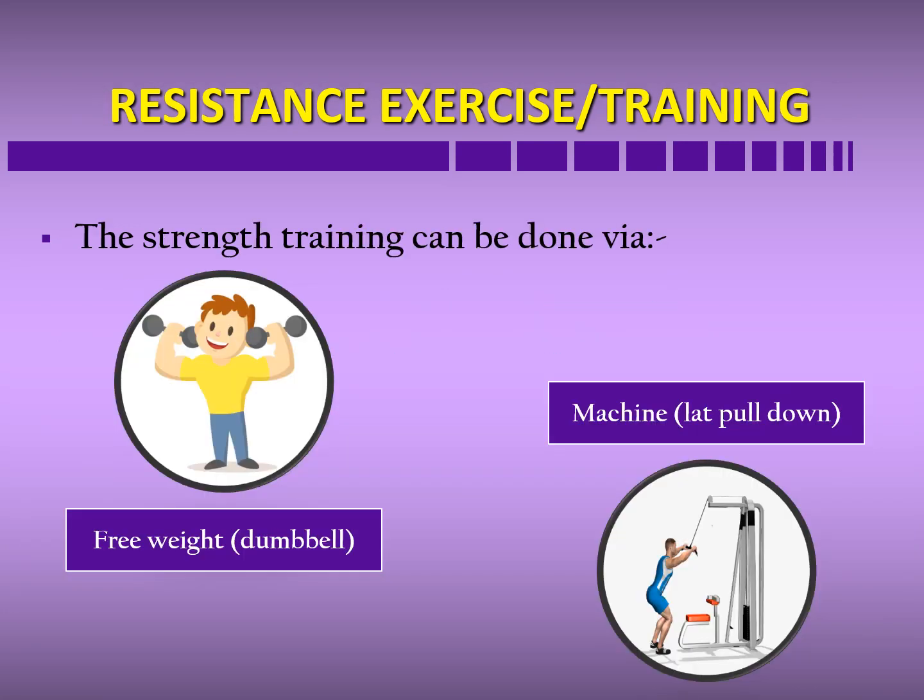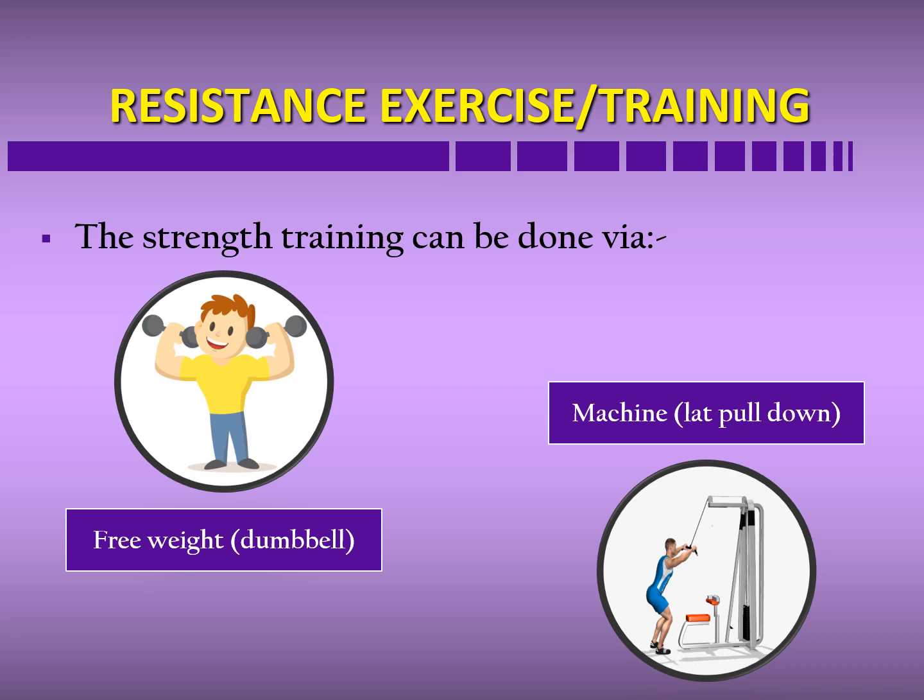Resistance exercise can be done in four basic, or common, ways. The first one is using free weights. An example of free weight is the dumbbell.